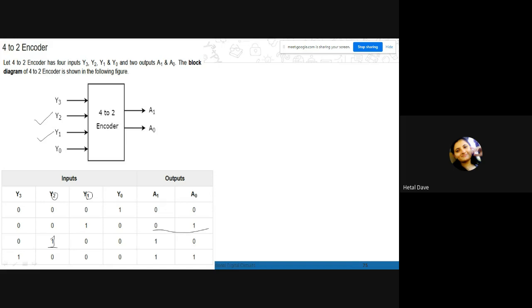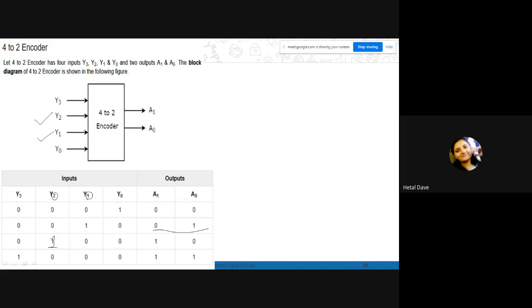If 0 is pressed, then 0, 0, 0. If the first is pressed, then 0, 0, 1. If 7 is pressed, then 1, 1, 1. So in this manner, the truth table will be made.